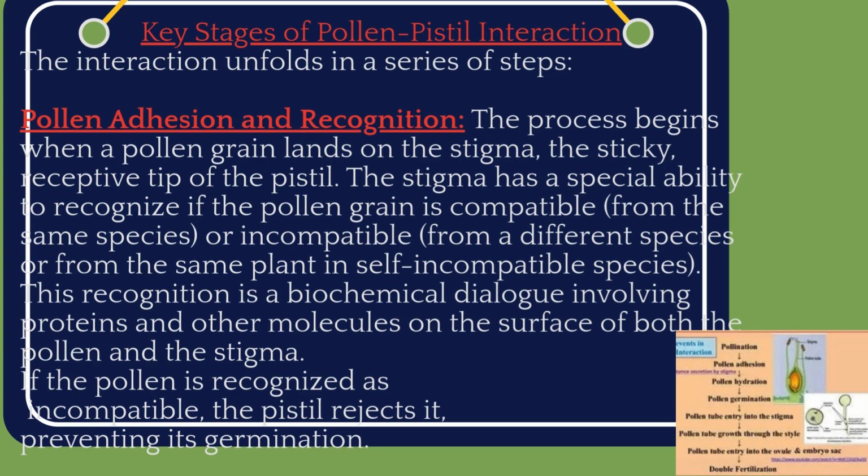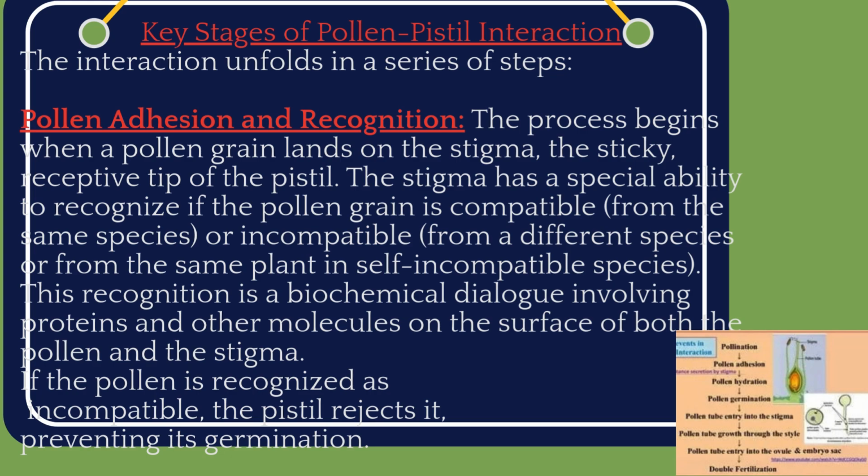The stigma has the ability to recognize the pollinated pollen grain. This recognition is a biochemical dialogue involving proteins and other molecules on the surface of both the pollen and the stigma. If the pollen is recognized as incompatible, the pistil rejects it, preventing its germination.